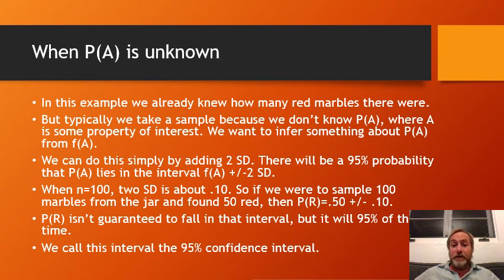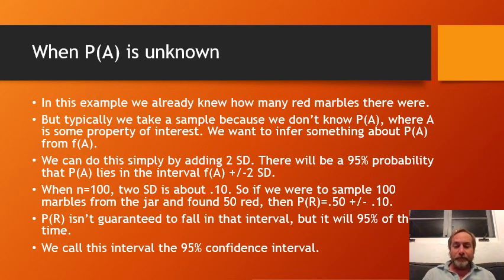So we do know that if the relative frequency is 0.5, with 95% certainty, we can say that the probability of red in the population is 0.5 plus or minus 0.1, right? That's the same range from 0.4 to 0.6 that we discussed in the last slide, just working backwards to it.